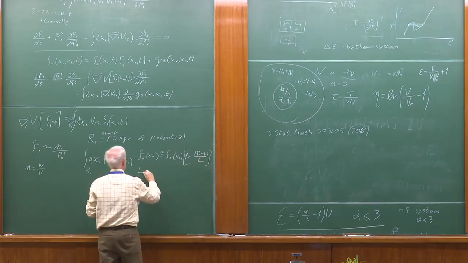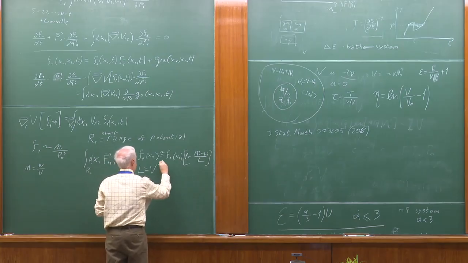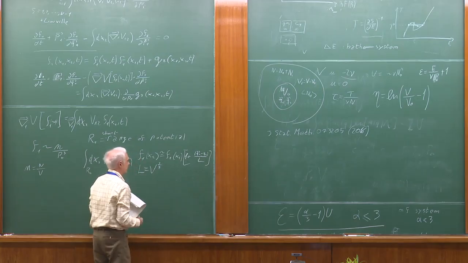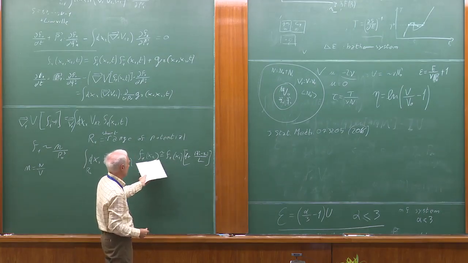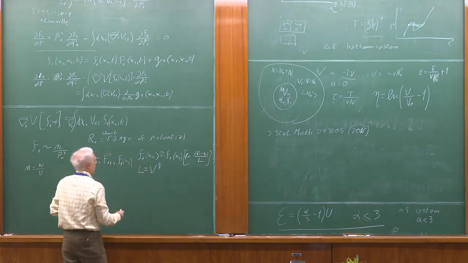where L is the linear size of the system, and I take a power expansion of this in the small neighborhood of x1. Why is that?